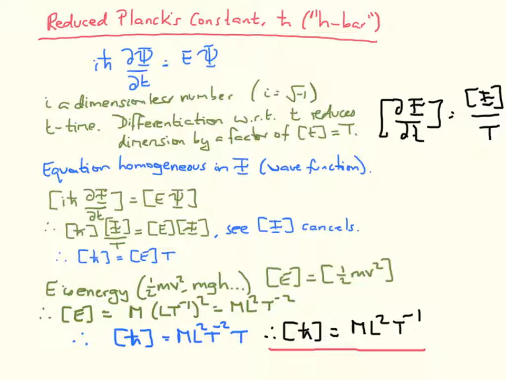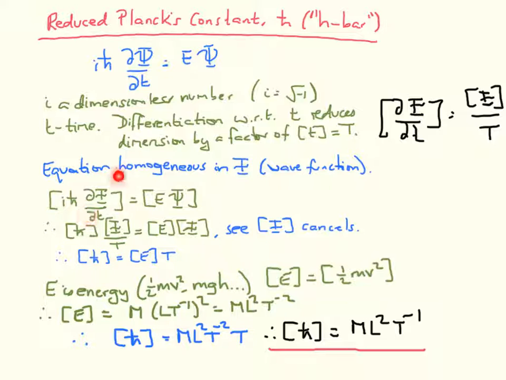Now, you might have thought when you looked at this, first of all, I don't know the dimension of the wave function, but because it's on both sides, that doesn't matter. This is a general point that matters a lot. So the dimension of the left-hand side is going to be equal to the dimension of the right-hand side. i does not have a dimension, h bar does. We want to find it.